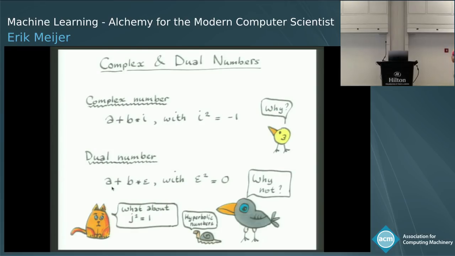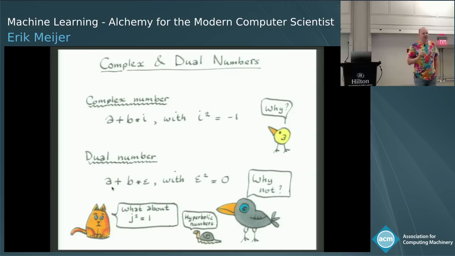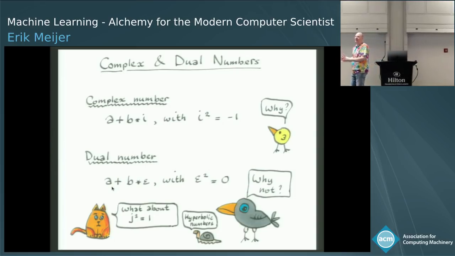Everybody here remembers complex numbers. And complex numbers, if you think about them in a syntactic way, if you don't try to interpret them as something that has to deal with angles or something, just look at them as a data structure, purely, completely syntactic. Don't try to interpret what these things are.